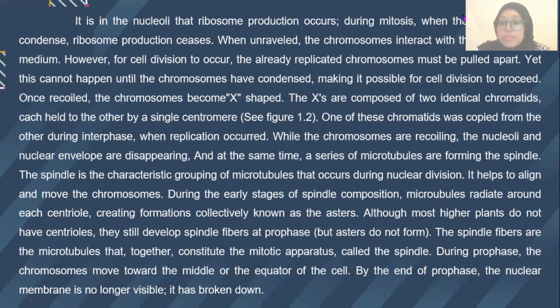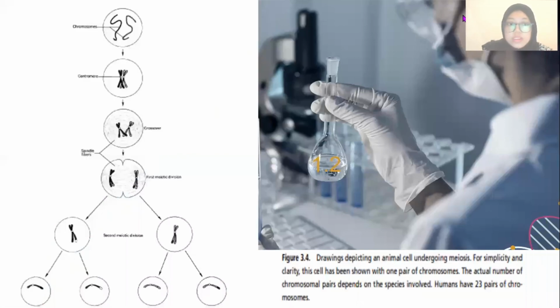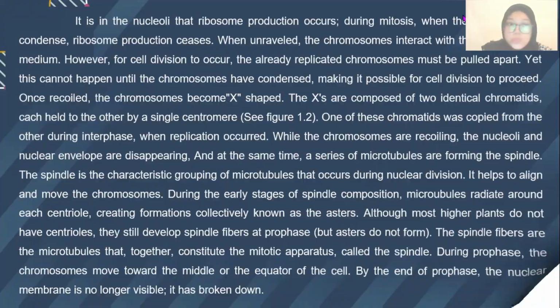The spindle fibers are the microtubules that together constitute the mitotic apparatus called the spindle. During prophase, the chromosomes move toward the middle, or the equator, of the cell. By the end of prophase, the nuclear membrane is no longer visible and has broken down. This is figure 1.2.